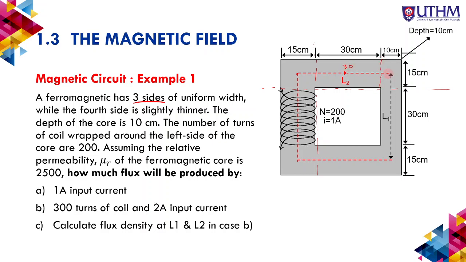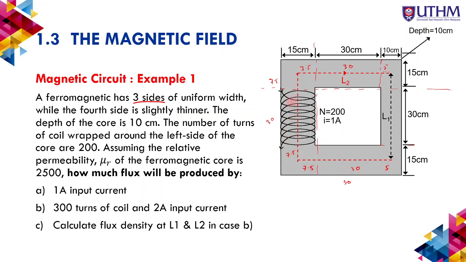This one is 30, and this one the length is not 10 but 5, and this one is 7.5. Please remember, the mean path length is not the total length, not the length from end to end, but the mean at the center. This one is 30, this one 7.5, and this also 7.5. This one 30, the width is also 15, and this one is 5. So 5, 30, 7.5.